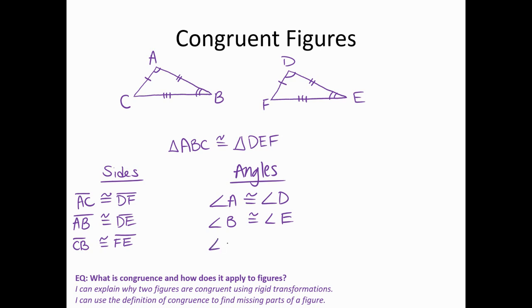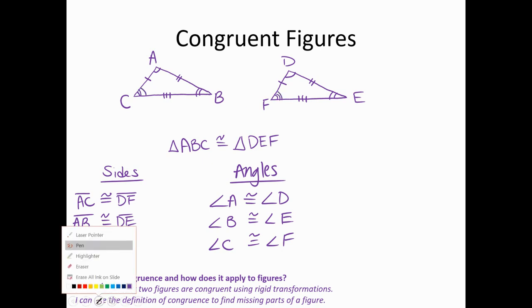And then finally, angle C is congruent to angle F. There we go. All right, and so that sets up the idea of congruent figures. We see all kinds of matchy-matchy parts. We have to keep things in the proper order.